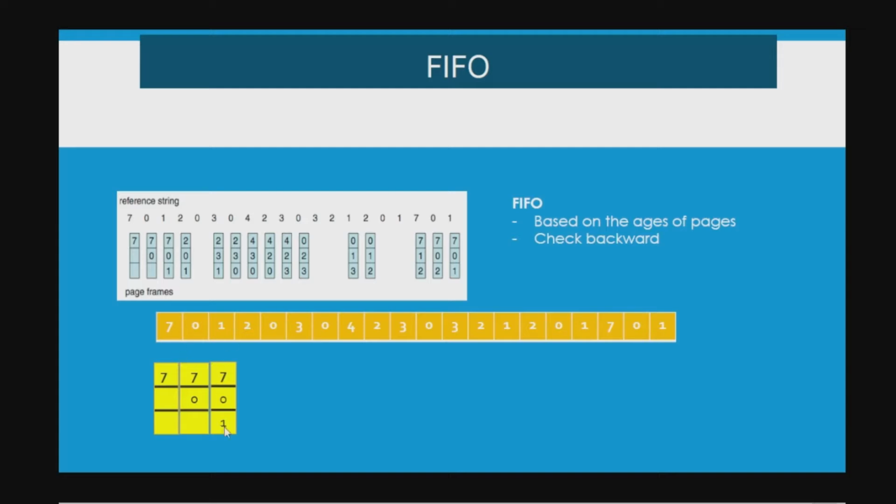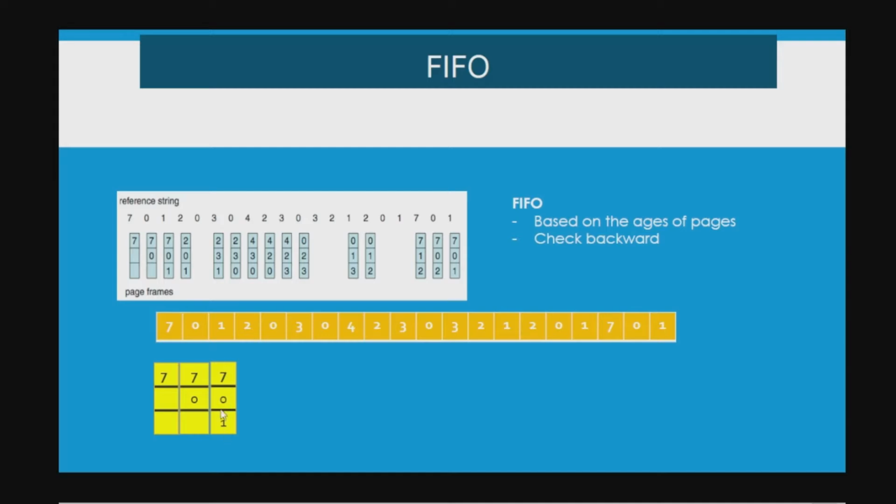Next, all of the frames are already used: 7, 0 and 1. So we have another string, 2. For 2, you need to check based on the age of the pages. Looking at 7 0 1, 2 is not a resident.